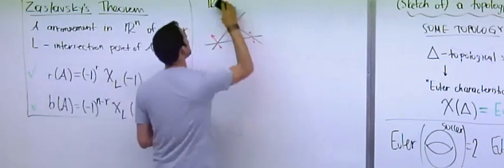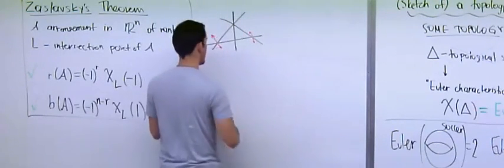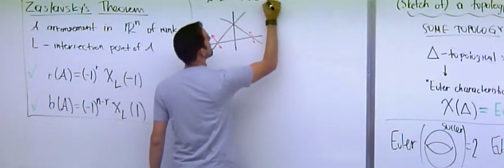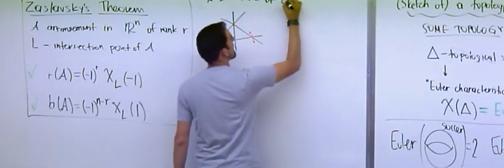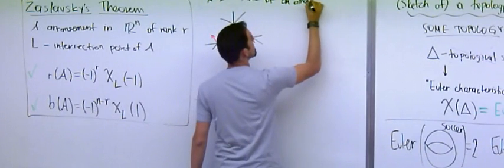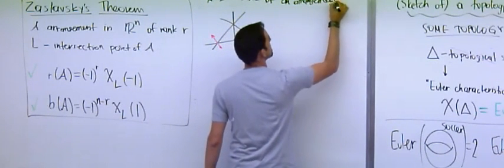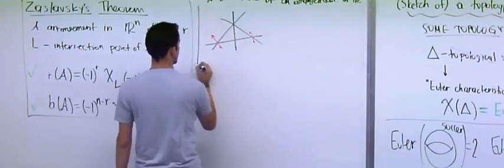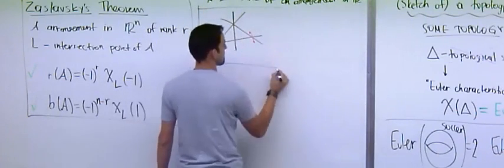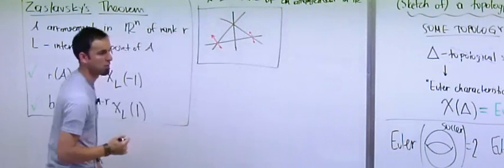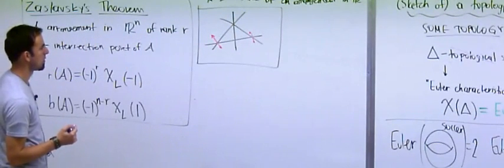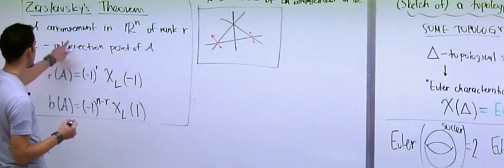So a two-dimensional slice of an arrangement in R3. Yeah, you can do that. I think since they're all linear, you can just choose any one hyperplane and look at it. But actually, I'm going to prove this even if it's not linear.